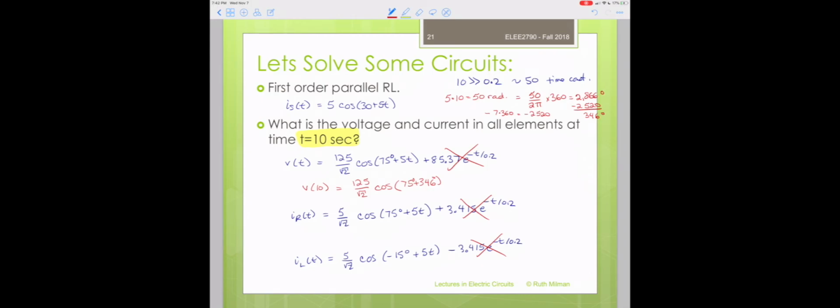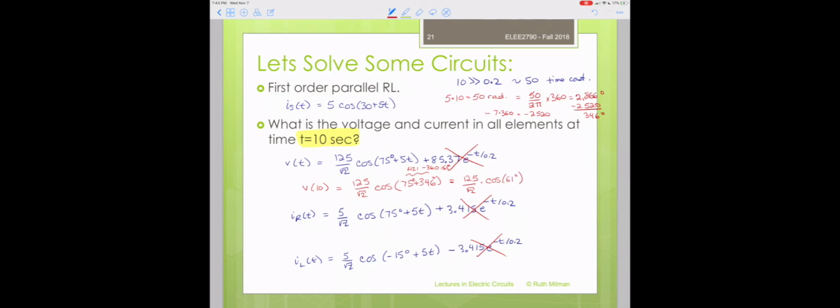And that number up there is equal to 421. Subtract off 360 one more time, and you get left off with 61 degrees. So this is equal to 125 over the square root of 2 times the cosine of 61 degrees.